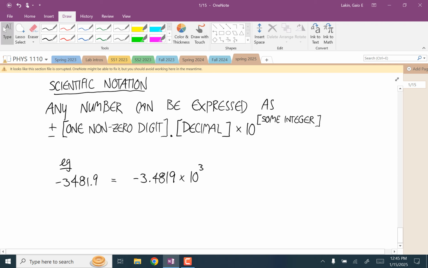And going the other way, 0.0087 is equal to 8.7 times 10 to the negative third. Ten to the negative third is 0.001. So, this is 0.001 times 8.7.